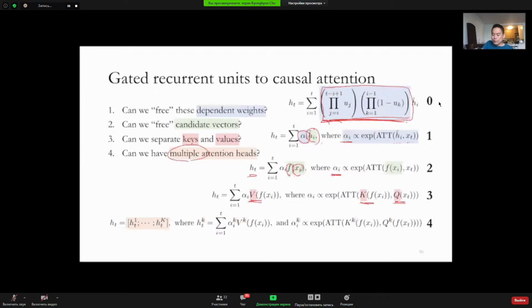And then the output from this attention is going to be the concatenation of the results from the k-many attention mechanisms. So what this tells us is that one of the reasons why attention is powerful is because it creates all these shortcut connections, and these shortcut connections are all additive.